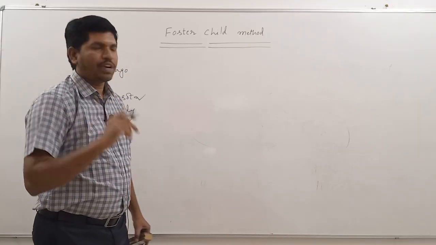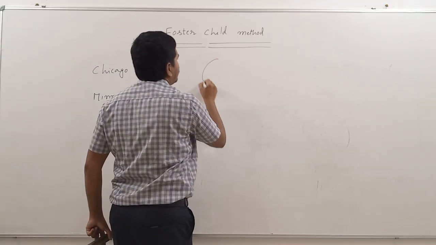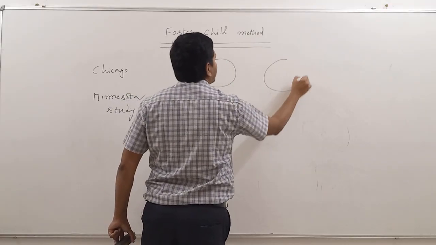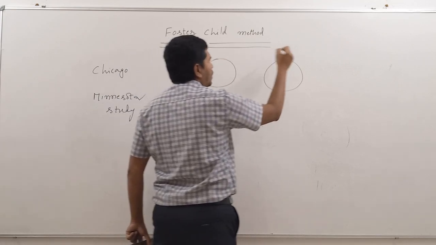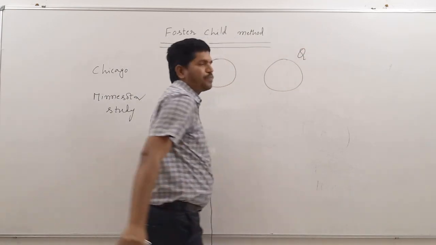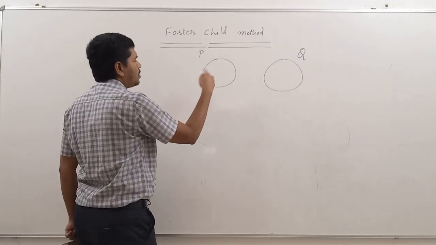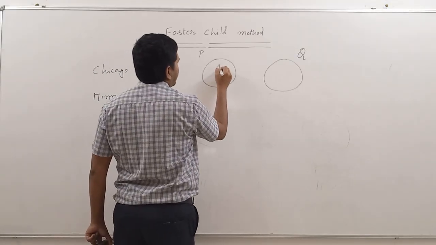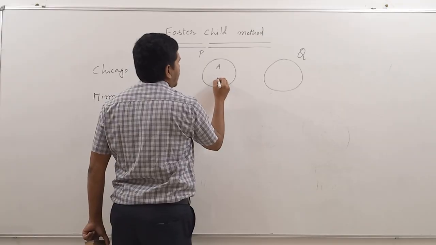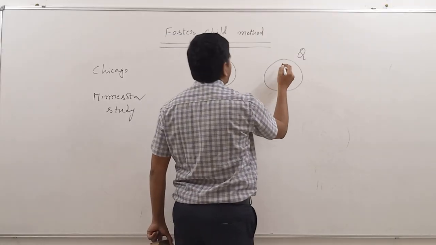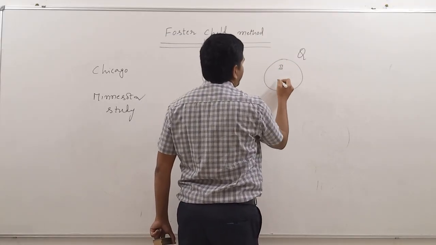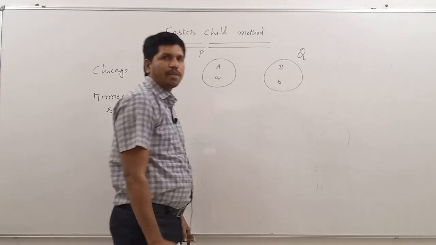They have taken two families. Let us assume this is one family, this is another family. Let us assume the name of this family is P, the name of this family is Q. In this family, let us assume there are two children, capital A and small a. In this family, there are two children, capital B and small b.